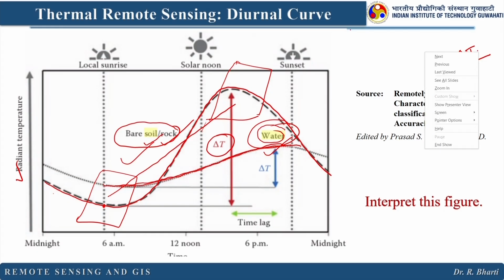This can tell you whether the material has the capacity of holding the temperature or not, right. Further, we will see how we can use this information to identify or study any given target, right.